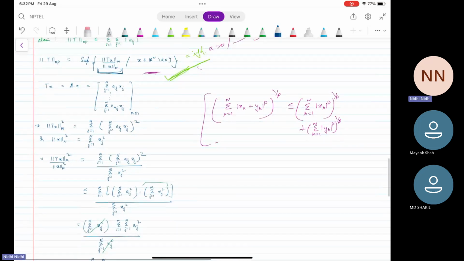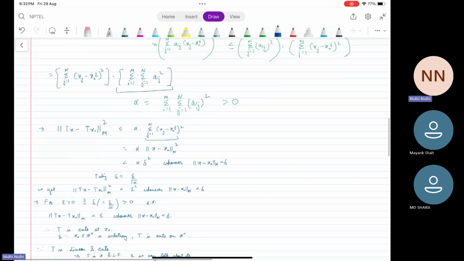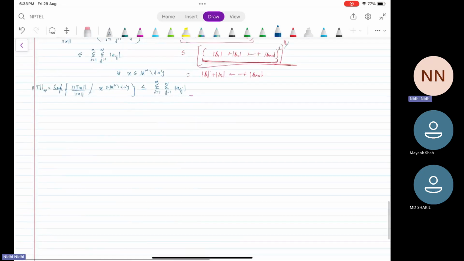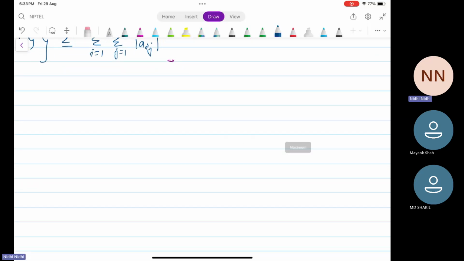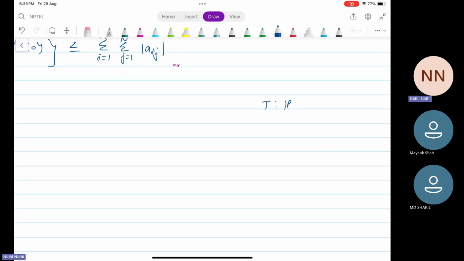Next we need to show the differentiability. This is a linear transformation, and we are in higher dimension. If we take dimension to be 1, how do our linear maps look? Suppose T from R to R is a linear map, then it is something of the form ax plus b.